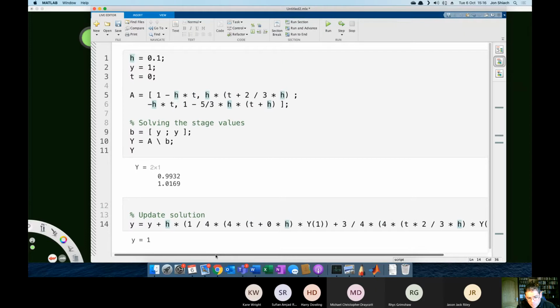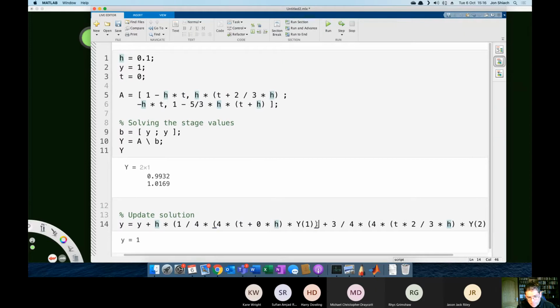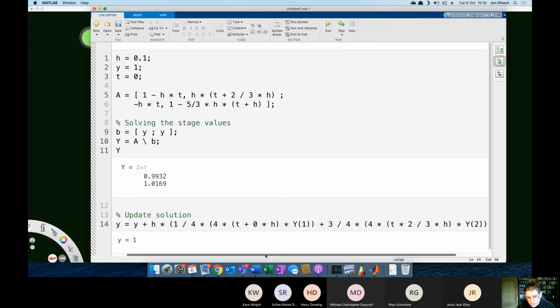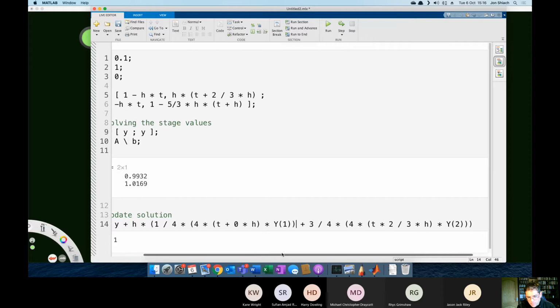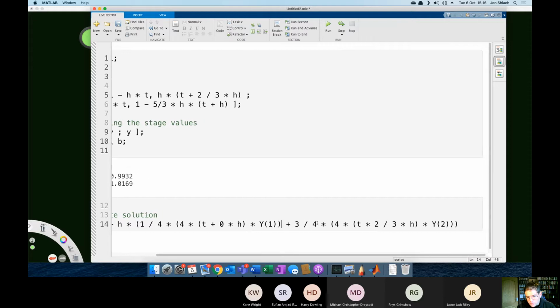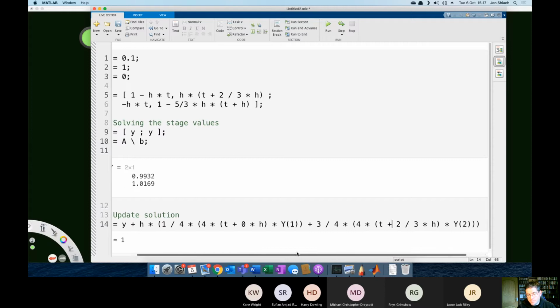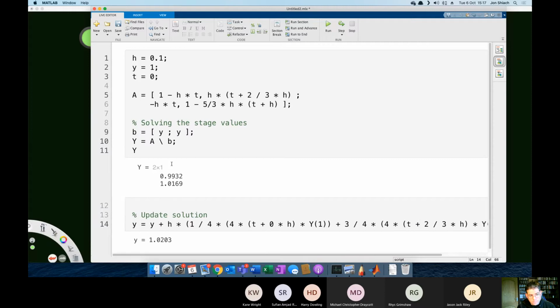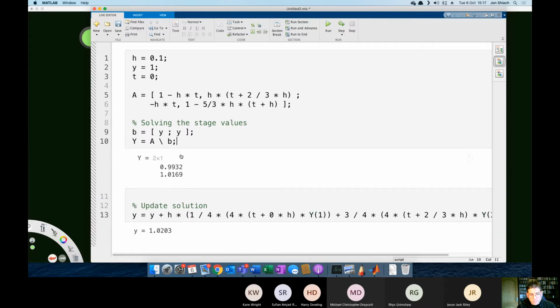So 1/4 times that. Just double check all of my brackets are correct. 3/4 times 4. There we are. I had t times rather than t plus. There we go. So that's solving for one step of the method.